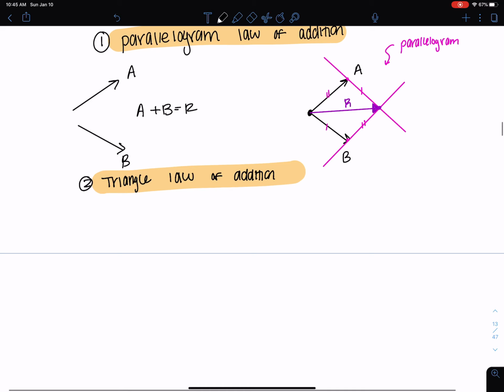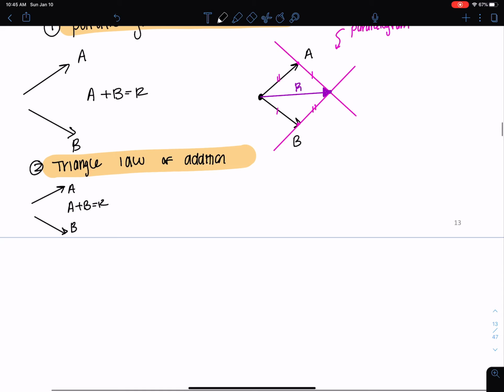Okay, so I'm going to start out with the same vector system, A and B. And what I'm trying to do is figure out how to get R. Now, instead of drawing them like this with the parallelograms where the tails start at the same point, I want vector B to be added to A in what we call a head to tail manner.